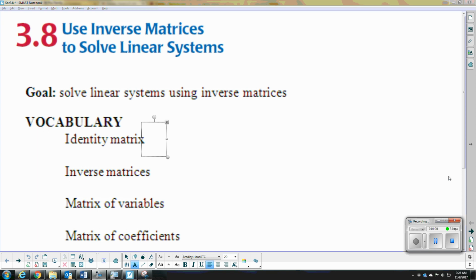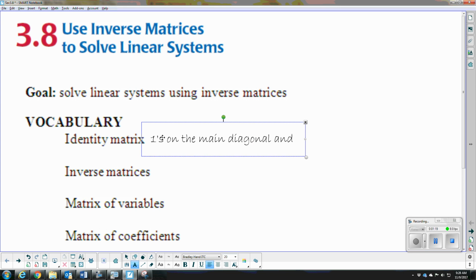So in the identity matrix, there are 1s on the main diagonal and 0s everywhere else.